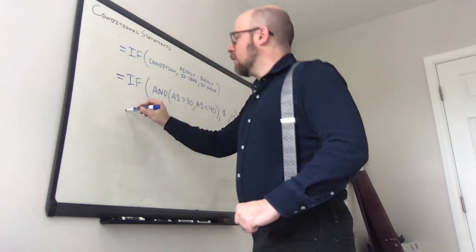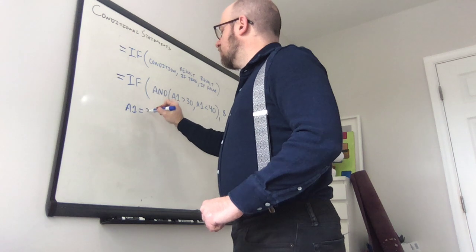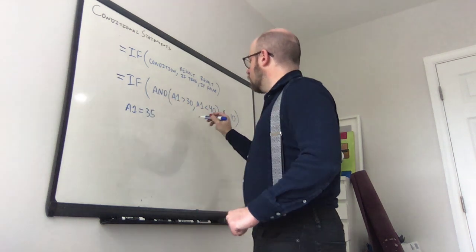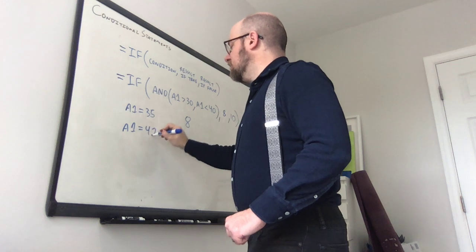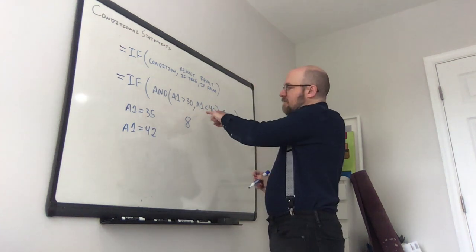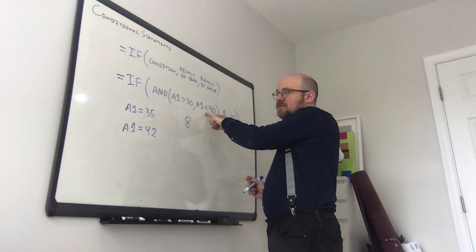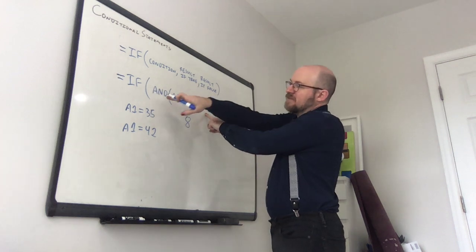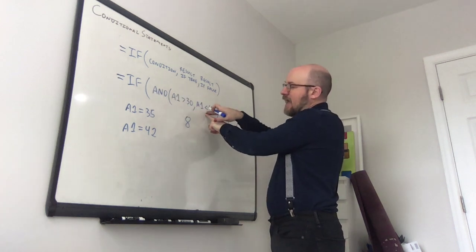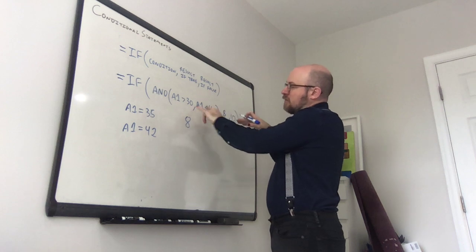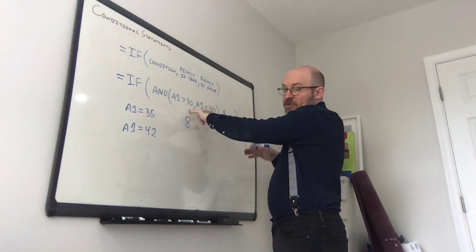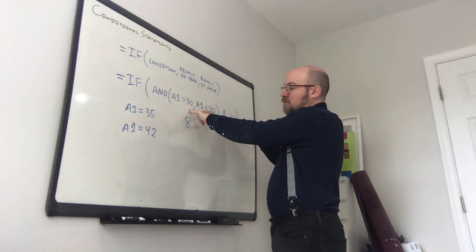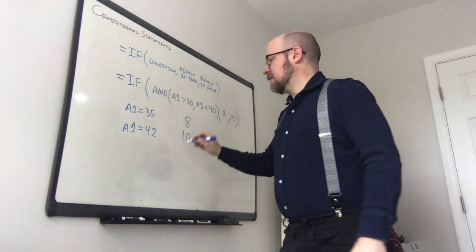So if A1 equals 35, this will give you 8. If A1 equals 42, though, this statement isn't true. And since this and this have to both be true, if this is true and this is false, the whole thing is going to be false. And so it's going to give you the false option, 10.